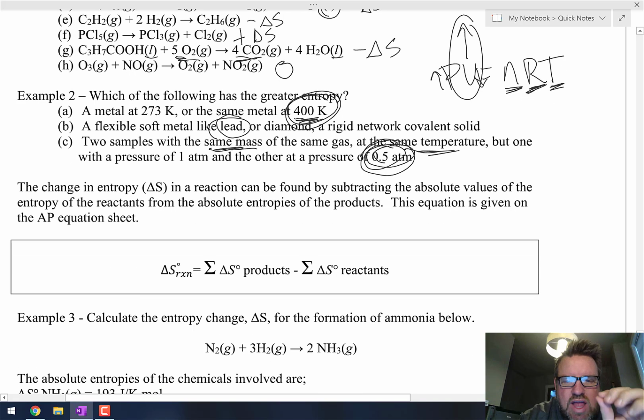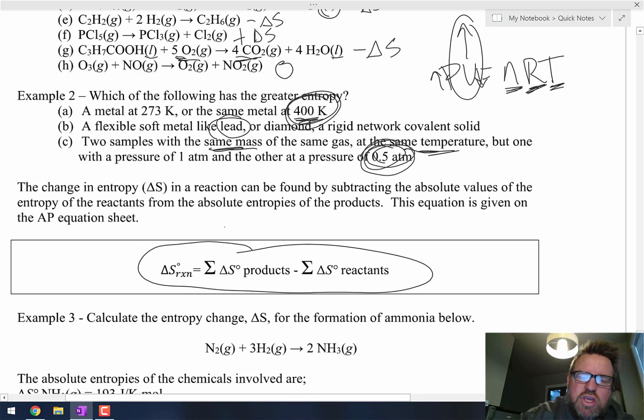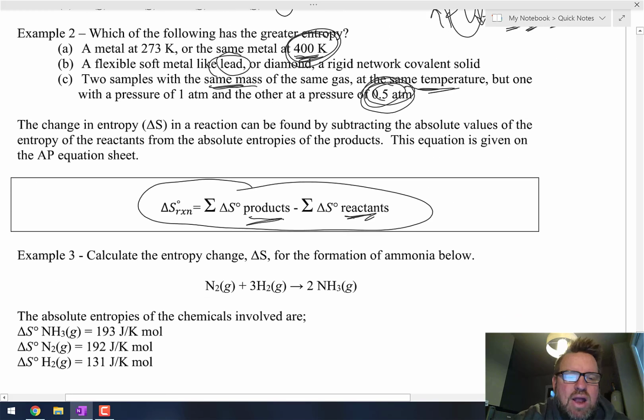Okay, now just like with enthalpy, where we did the enthalpy of formation of the products minus the enthalpy of formation of the reactants, you can do a very similar equation using the absolute entropies. Notice again, it's products minus reactants. But remember with enthalpies of formation, when something was in its elemental form, it had an enthalpy of formation of 0.